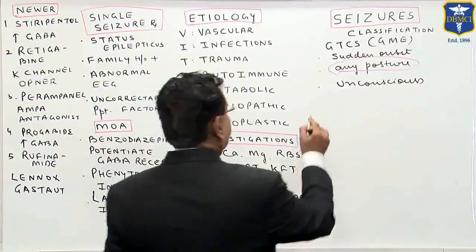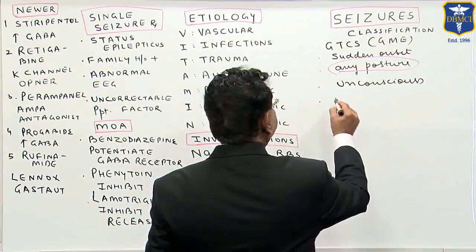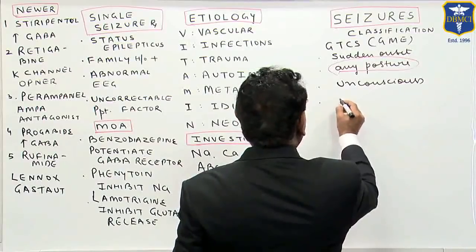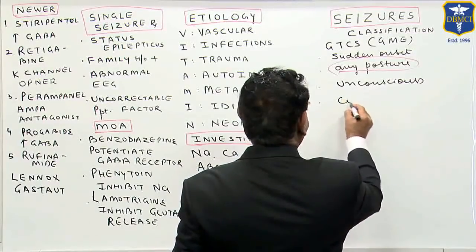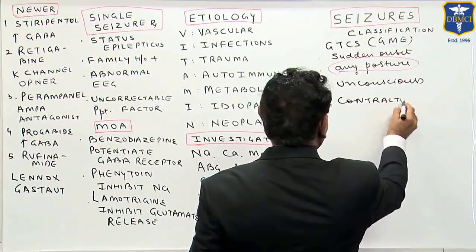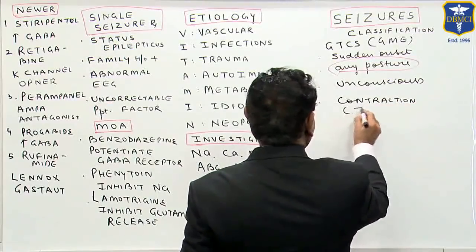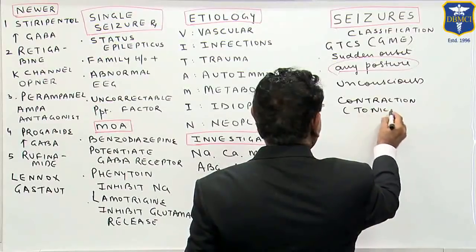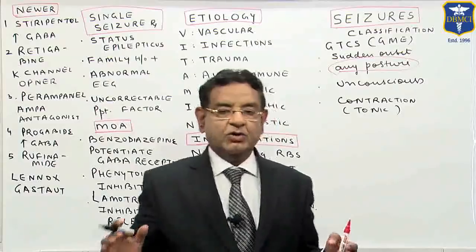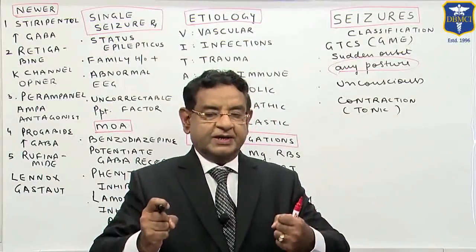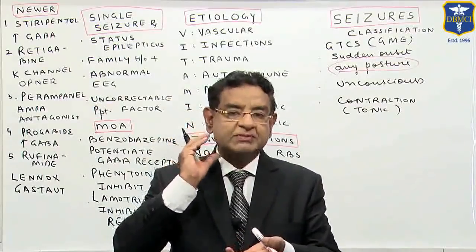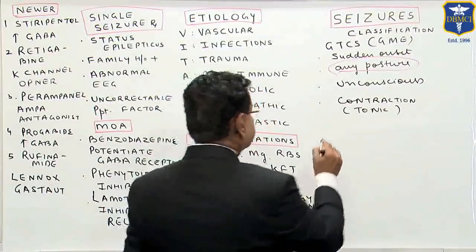Then all the body muscles go into contraction, and this is known as tonic. As all the body muscles are contracting, that can lead to contraction of the jaw muscles also, which can lead to tongue bite.